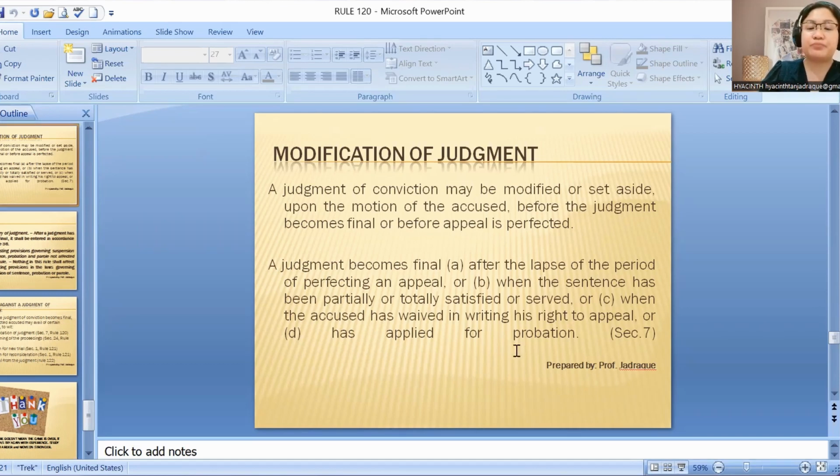And lastly, if you applied for probation, because the law requires that the same shall be done within the period of perfecting an appeal. So if you applied for probation, then that manifests that you are actually accepting the conviction. Hence, it is considered to be final.